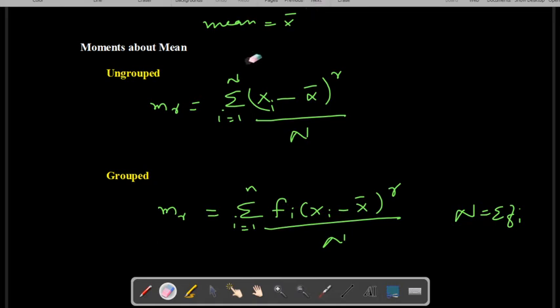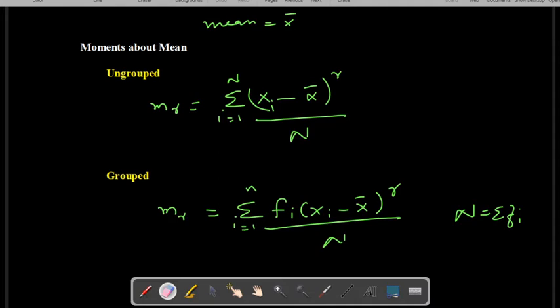So we will call it moments about mean, denoted by mr for ungrouped data and for grouped data. The formula is the same, only fi is multiplied. So hope you have understood the types of moments we have. Now we will see problems for both cases.